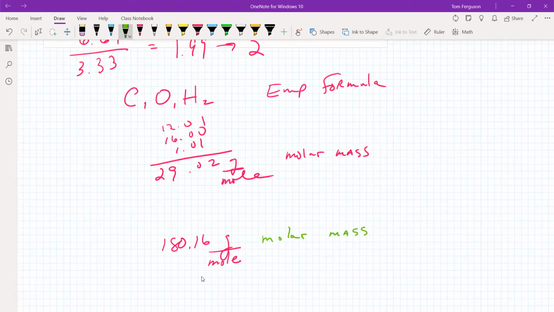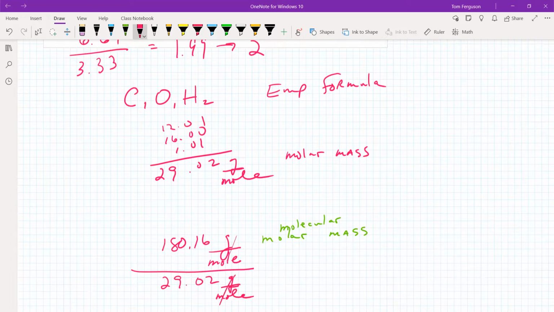And we're going to divide that by the empirical formula molar mass. This is the molecular molar mass. So we're going to divide that by 29.02 grams per mole.